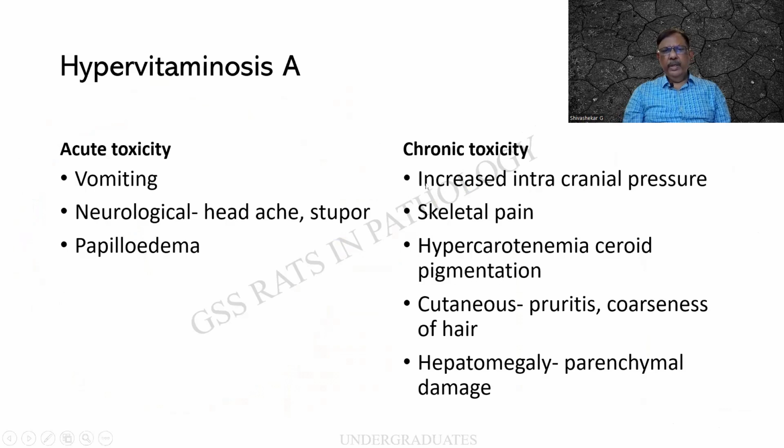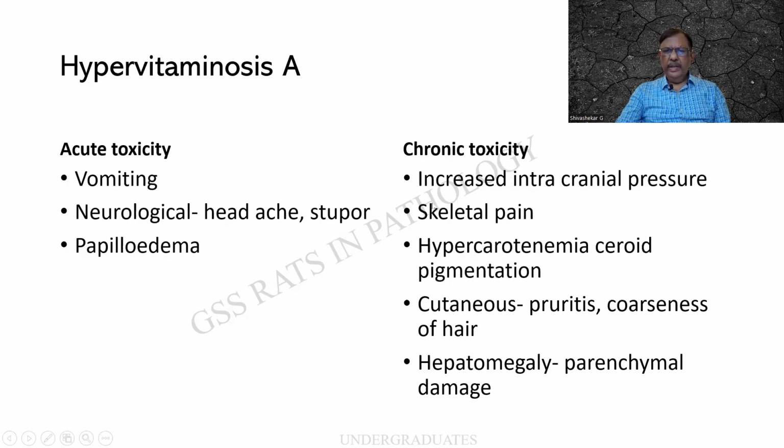Always I mention, whenever there is a deficiency, there can be an excess also. And the excess can be acute or it can be chronic. In acute toxicity of vitamin A, there can be vomiting, neurological symptoms such as headache and stupor, papilledema.